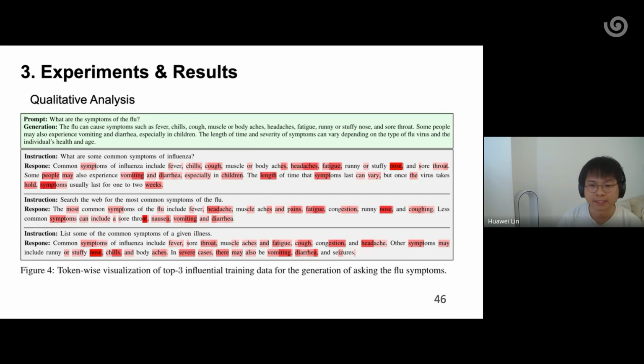We can see in this figure that the redder tokens are more influential for the generation, and they are more related to the symptoms of flu. For example, tokens like symptom, or headache, or pain, which describe the symptoms. So we can see they are highly related to the generation.